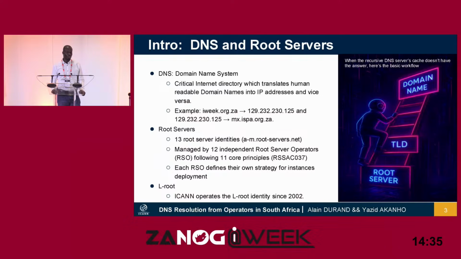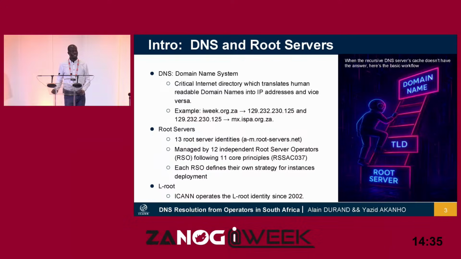Now, of course, we have 13 organizations that run totally independently, which are called the root server operators. And they have their own strategy of deploying the different root server instances across the globe.